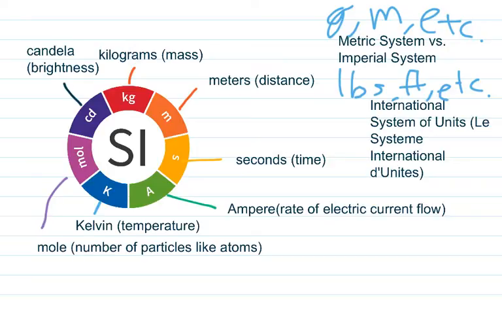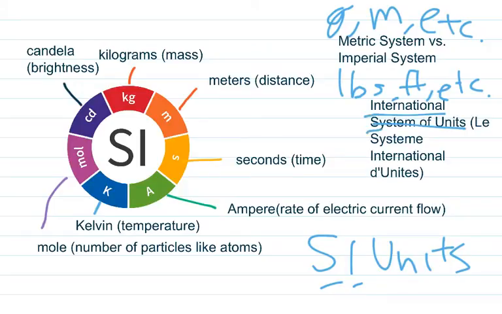So the metric system uses SI units, or the International System of Units. Why is it called SI units instead of IS units?